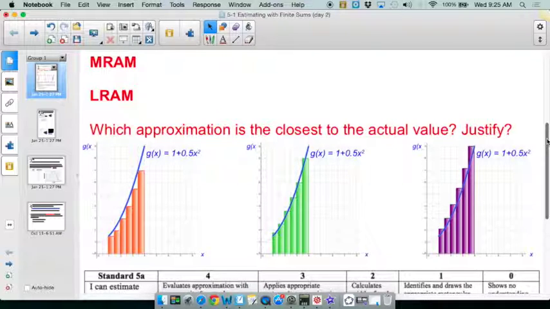I agree with their table there. Okay, sounds good.